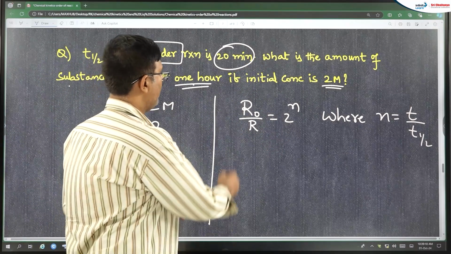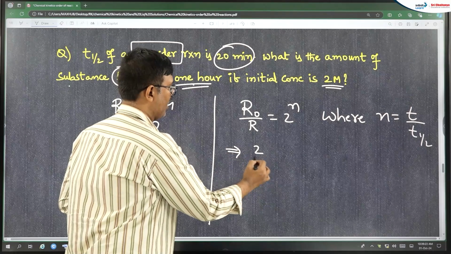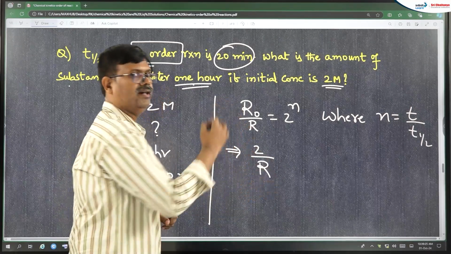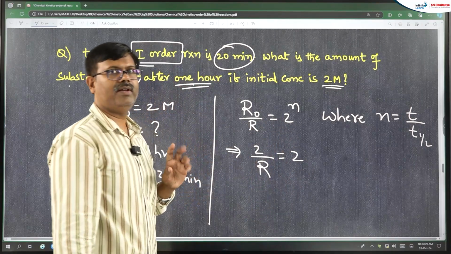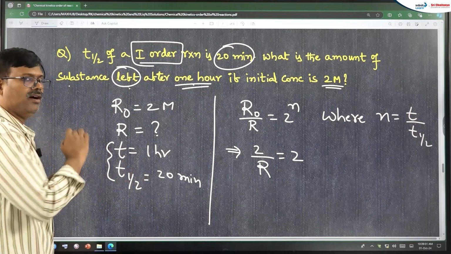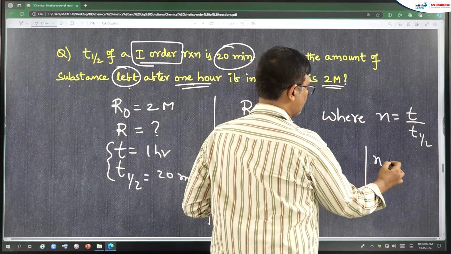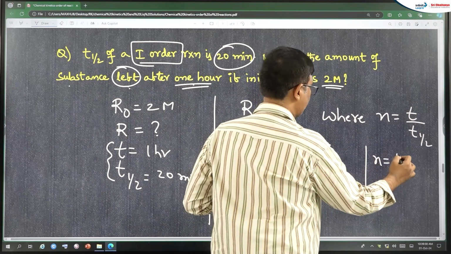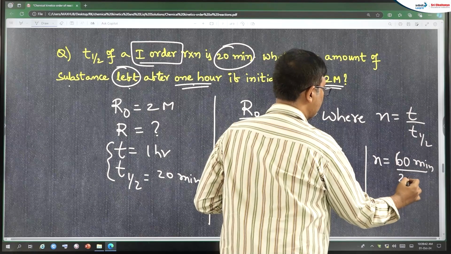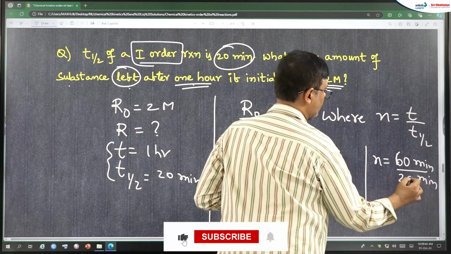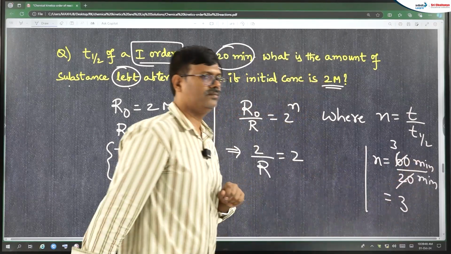So here R naught is given. How much R naught? 2 molarity. R we need to find is equal to 2 power n. n means t by t half. So let's calculate. t is given as 1 hour. 1 hour means 60 minutes. t half means 20 minutes. So n is equal to 3.